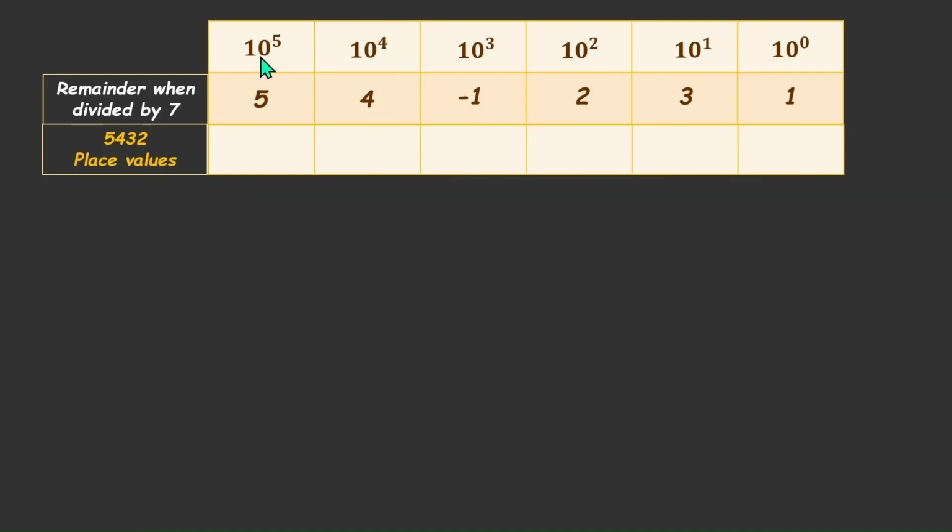So 1 lakh and 10,000 would get 0 and 0. In the 1000 place, we have 5. So that's 5 into 1000. 100 would be 4 into 100. 10 would be 3 into 10. And 1 would be 2 into 1. Such that the sum of 5000 plus 400 plus 30 plus 2 would give us 5432.